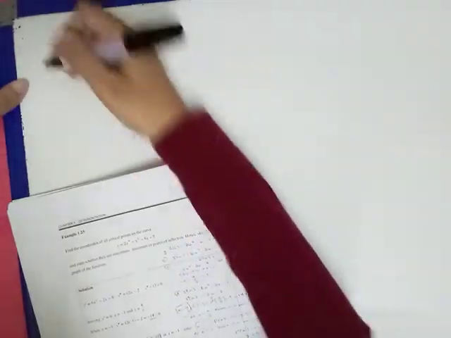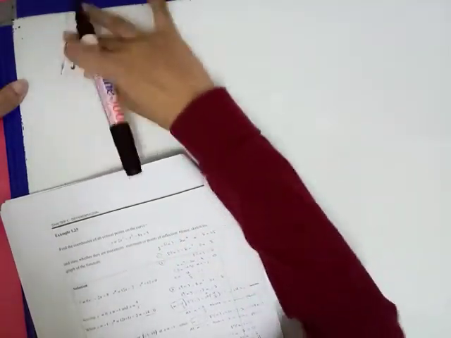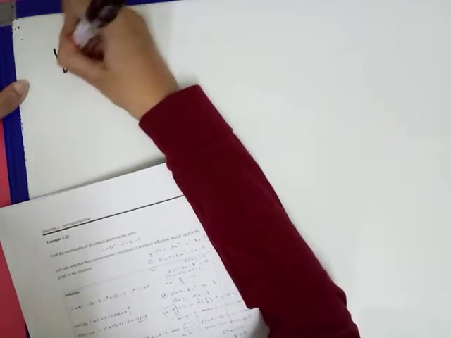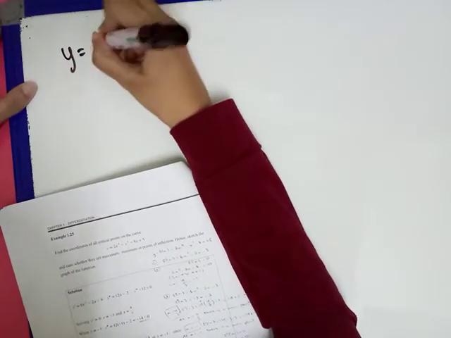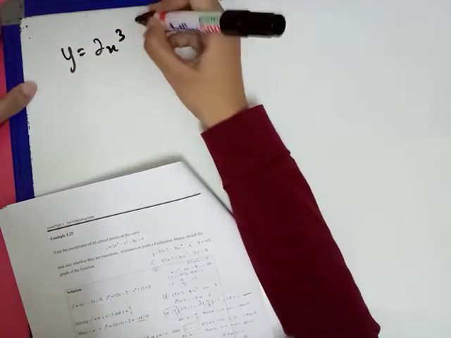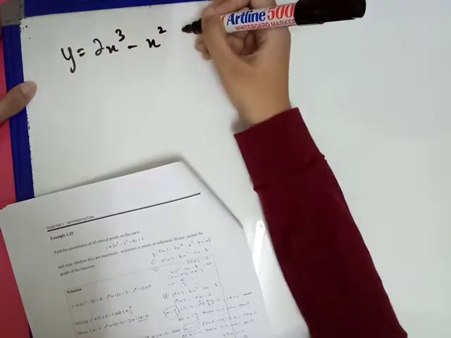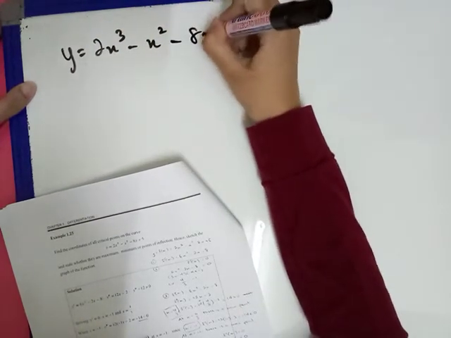So look at your notes. It gives us y equals to 2x cubed minus x square minus 8x plus 5.